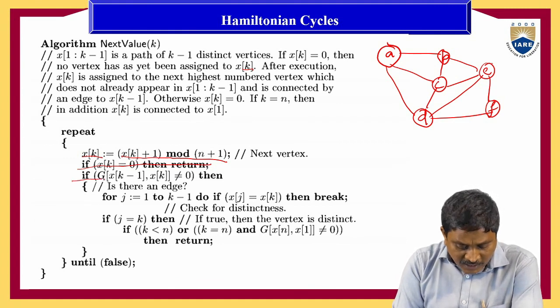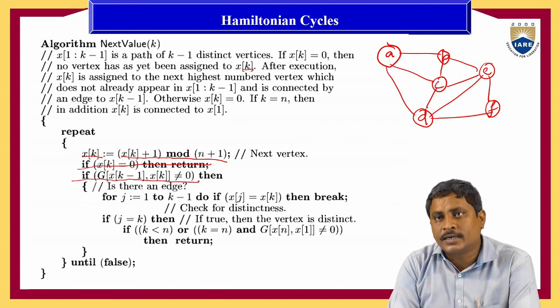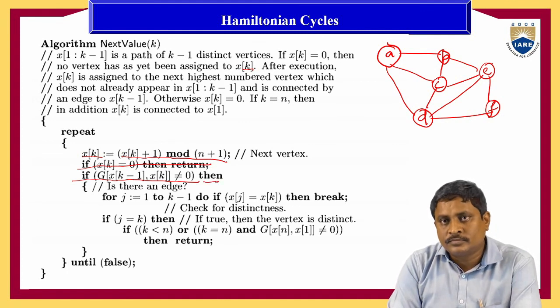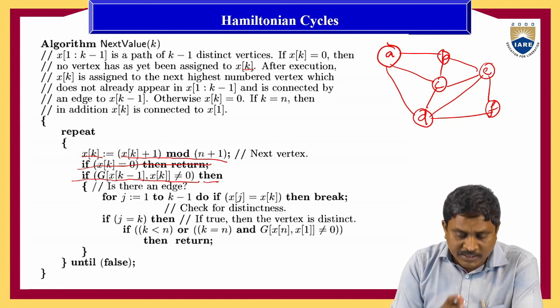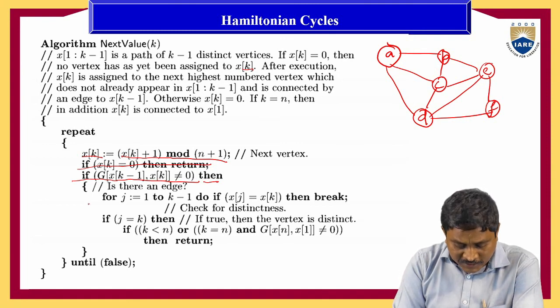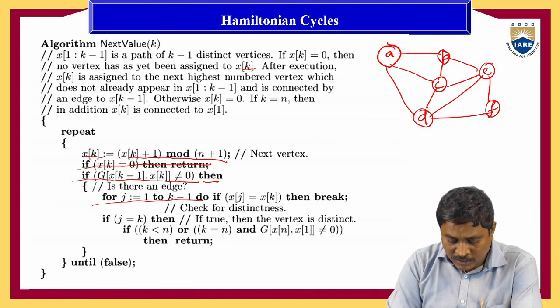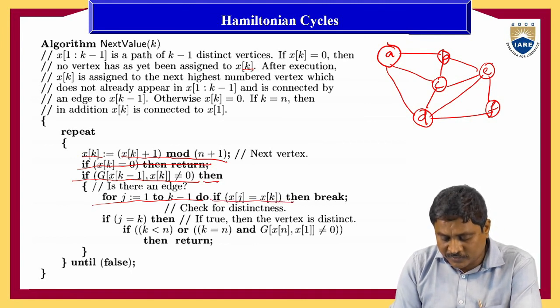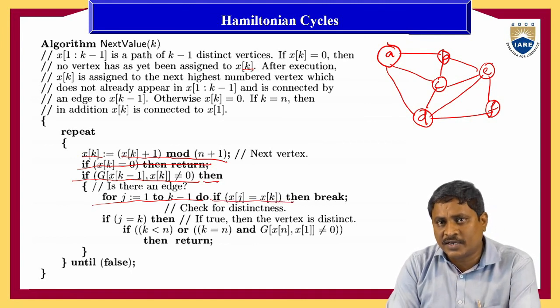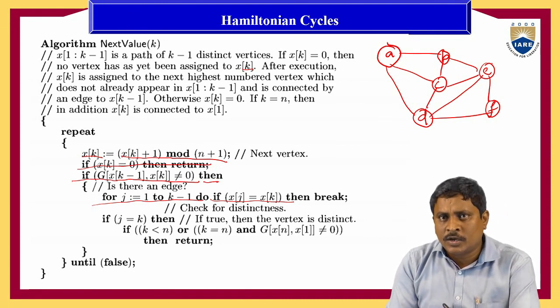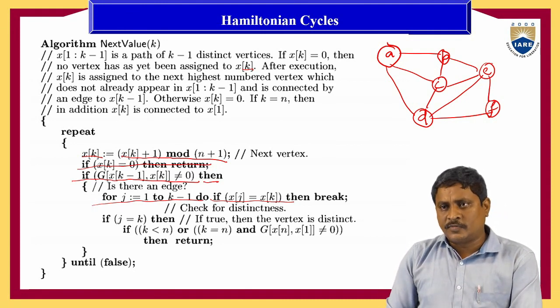If g of x of k minus 1 comma x of k is not equal to 0, this means there is some edge there. So for j equal to 1 to k minus 1, do: if x of j equals x of k, that means that vertex is repeated, already visited, and we are repeating that vertex.